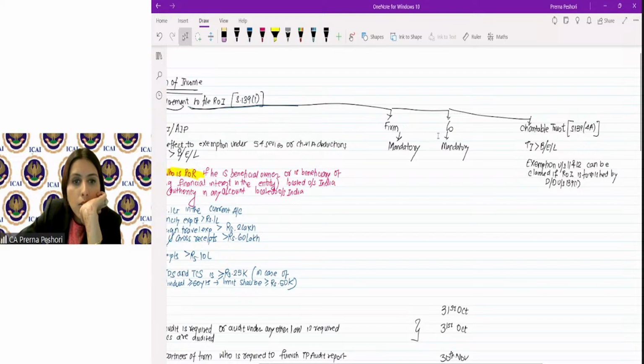What are the due dates of the return of income? So you have just done with your charitable trust class, right? What are the due dates?